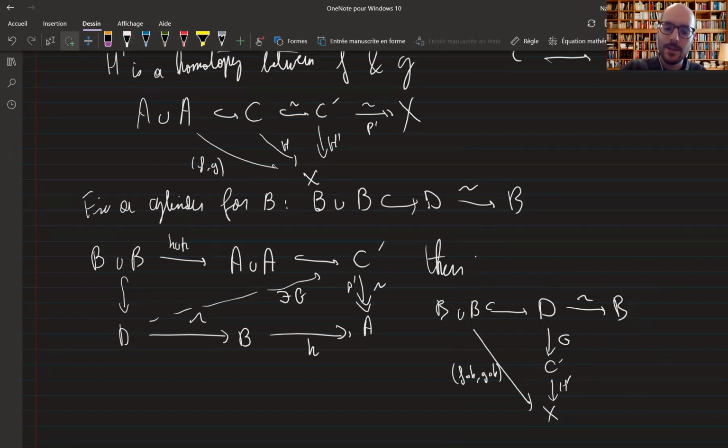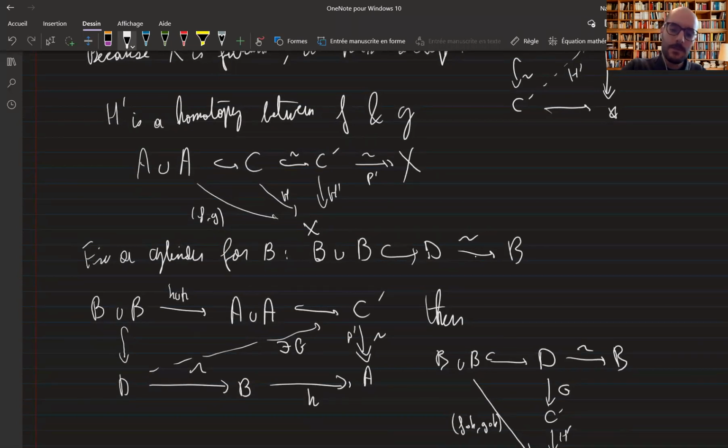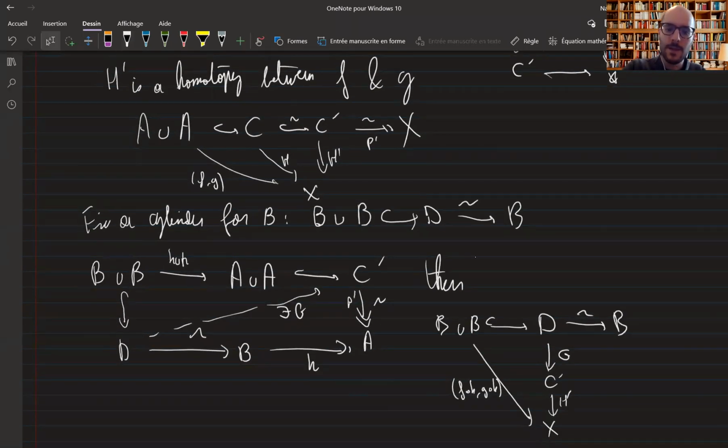And this here is F circle H, G circle H. Because when you compose H prime with G, it becomes the same. So H prime goes from C prime to X. It becomes the same as composing it with this. So it becomes the same as composing with this thing here, which is precisely this morphism and H circle H, H coproduct H. So in the end, you get this composed with this, which is precisely this.